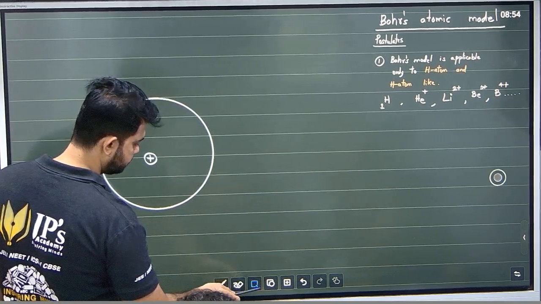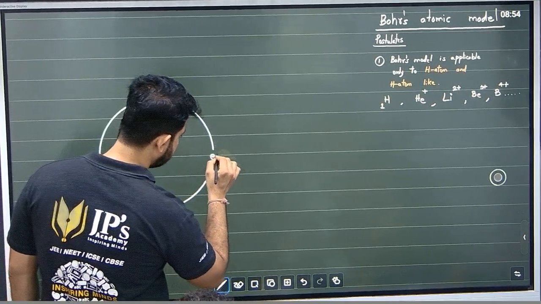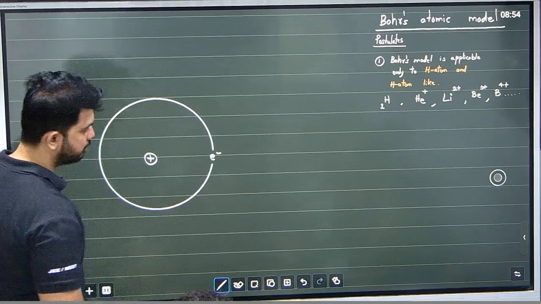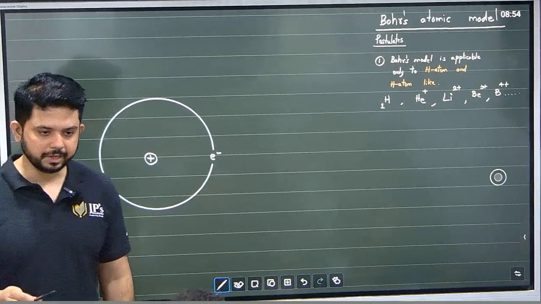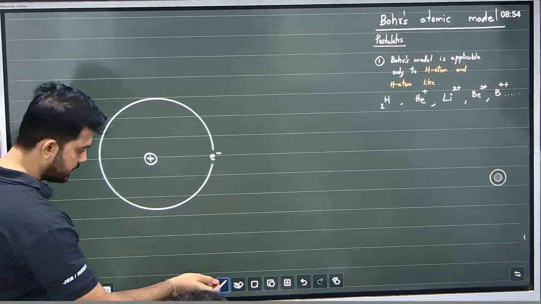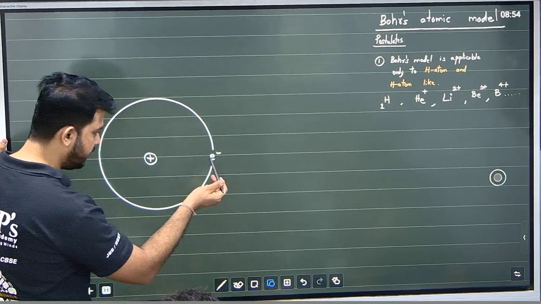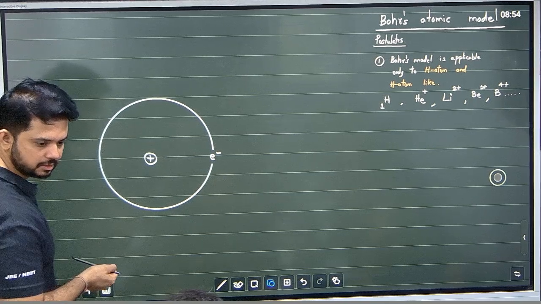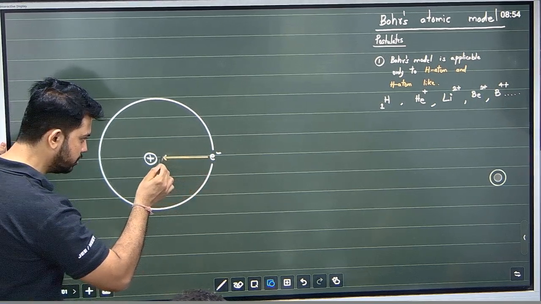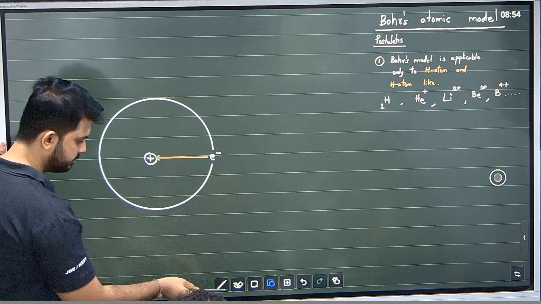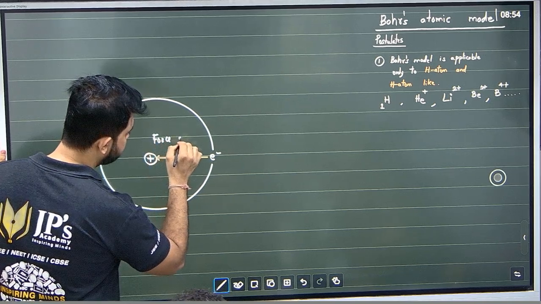Electrons. So let's say this is that electron which is revolving around the nucleus in circular orbits or elliptical orbits. Now, what is the force between the electron and the nucleus? So the nucleus is trying to pull the electron towards itself. इसको क्या बोलते हैं? We call this as the force of attraction.